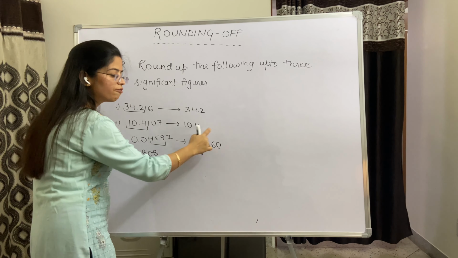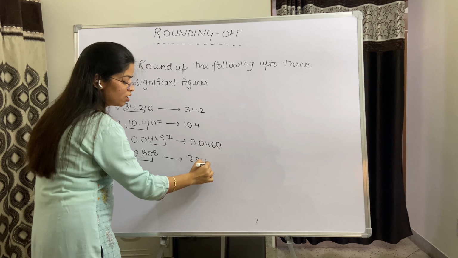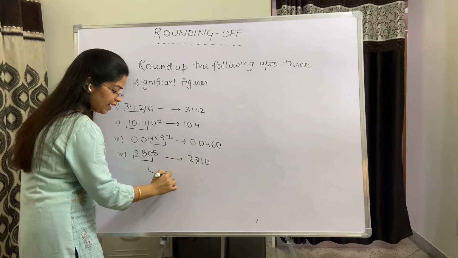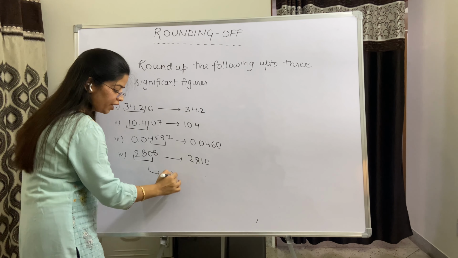Now in this case, we are having 2808. These are the 3 digits which we want. 8 is the dropping digit. So we will have to increase the preceding number by 1. So we can write it as 2810. Make sure if you are writing it as 281, then it will be wrong.